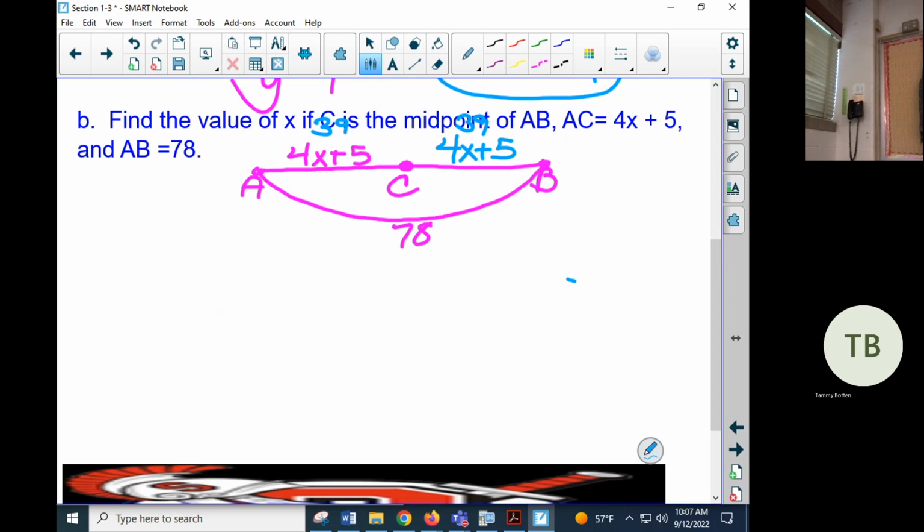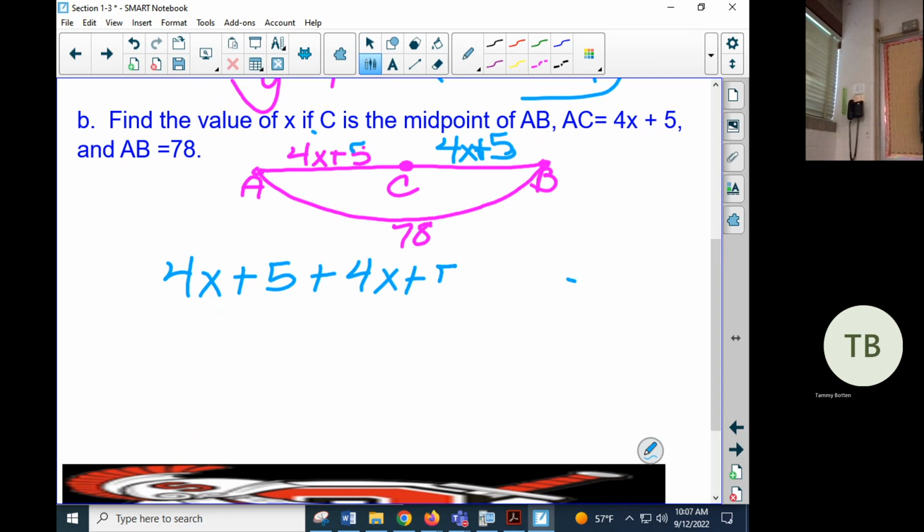There's probably 1 or 2 more too that you could think of. But it doesn't matter which way you would do it out of those 2. I'll just do the longer way, but you certainly could say 4x plus 5 equals 39. So I'm going to say 4x plus 5 plus 4x plus 5 equals the whole 78.